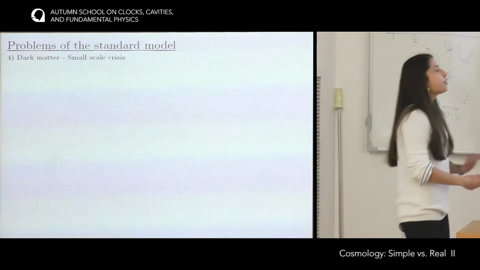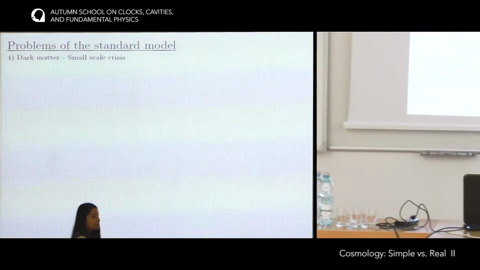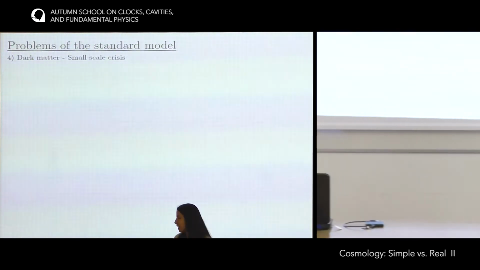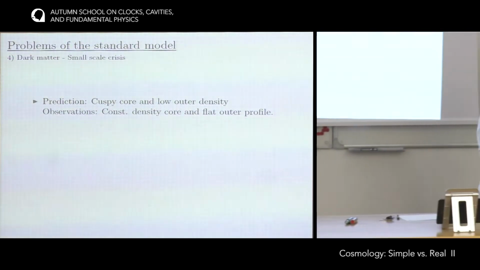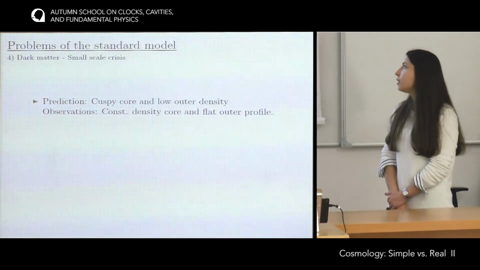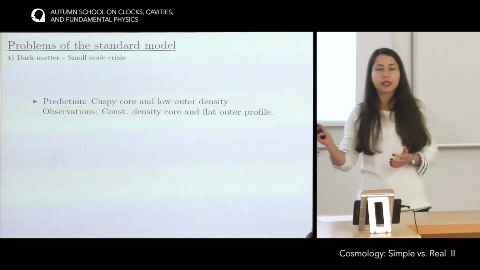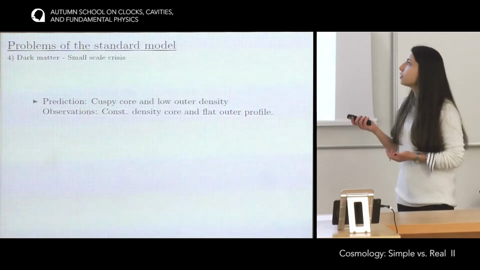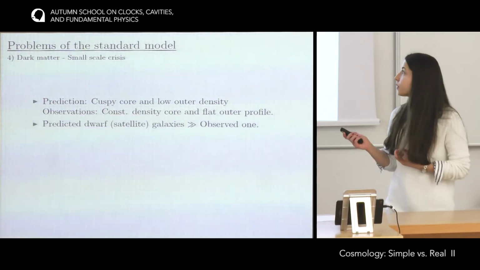But this dark matter is, of course, problematic, as you might have heard. There are small-scale crises. There's this famous cusp-core problem. Our theoretical prediction says that there must be a cuspy core in the center and then low outer densities. But the observations see a constant density core and a flat outer profile.